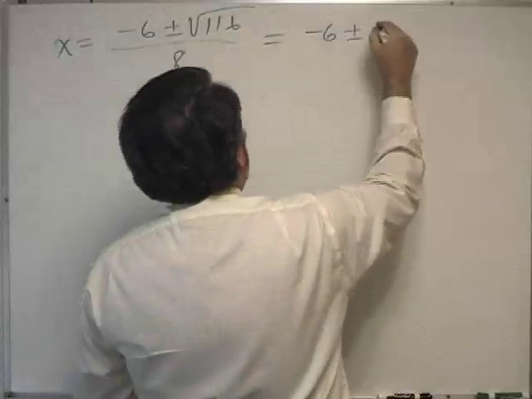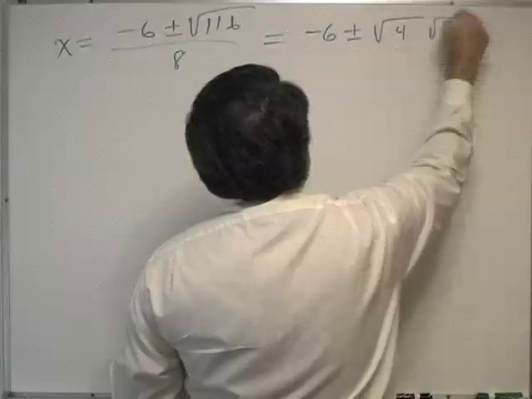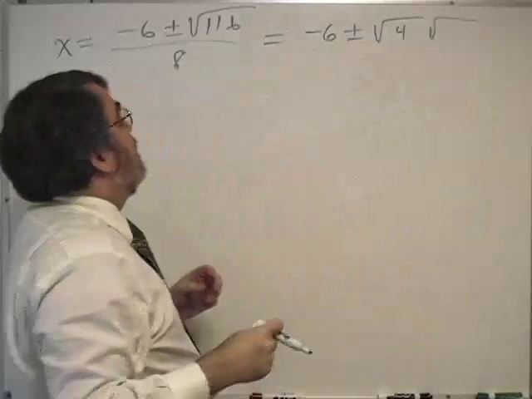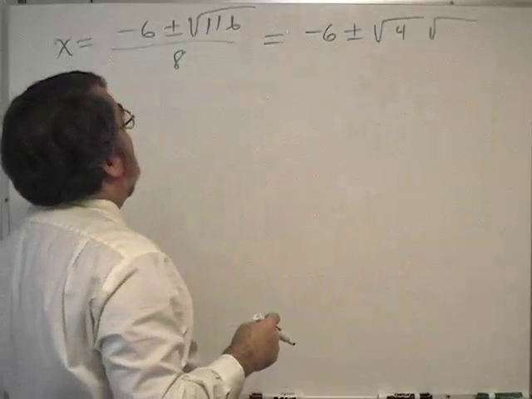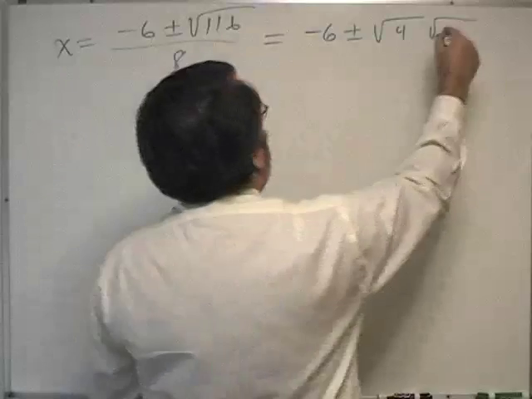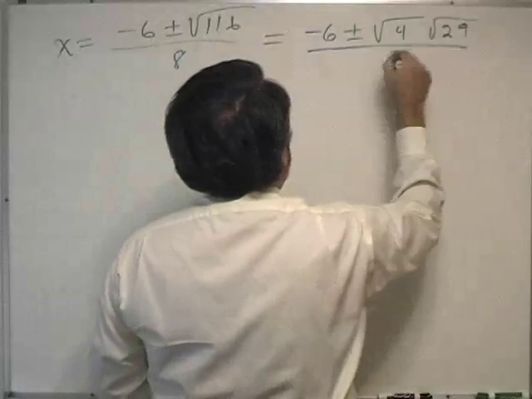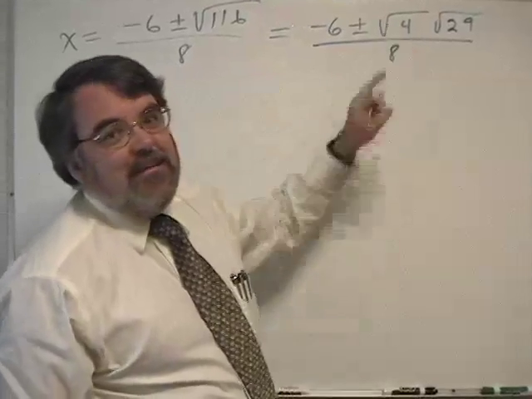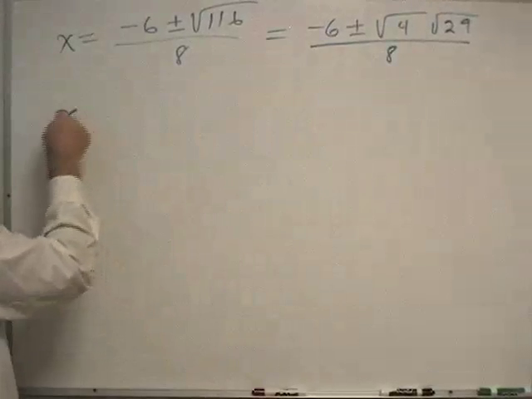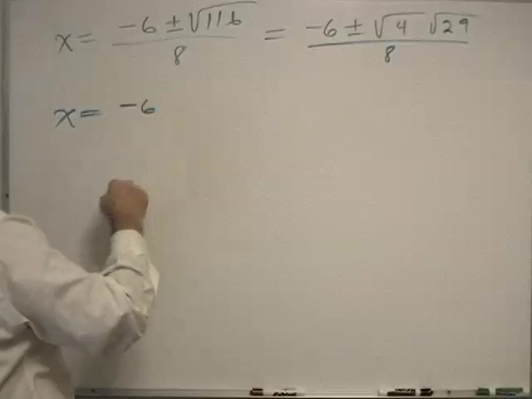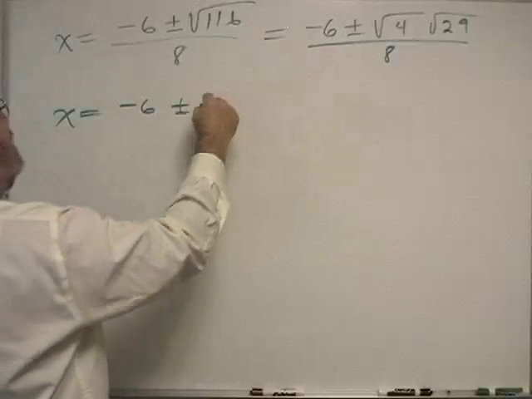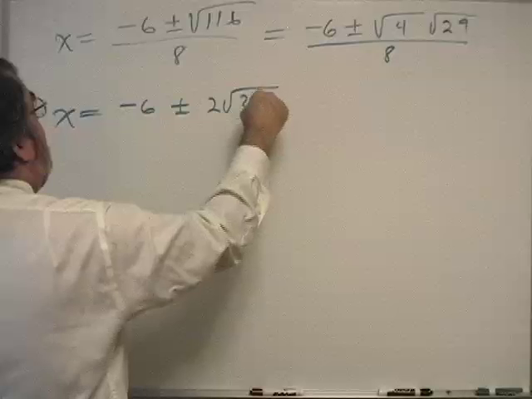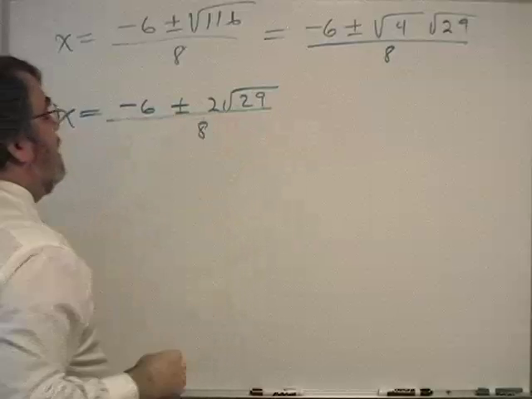We can do that by factoring a 4 out of 116, and 4 goes into 116 29 times, over 8, so the square root of 4 will become a 2. x equals negative 6 plus or minus 2 times the square root of 29, everything divided by 8.